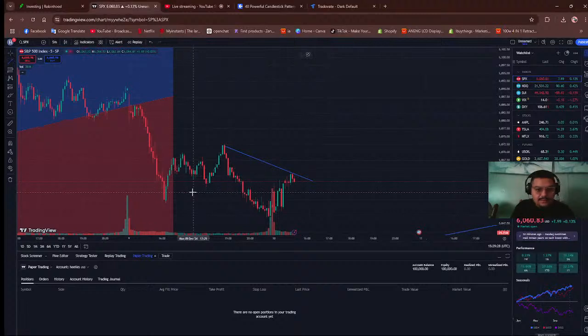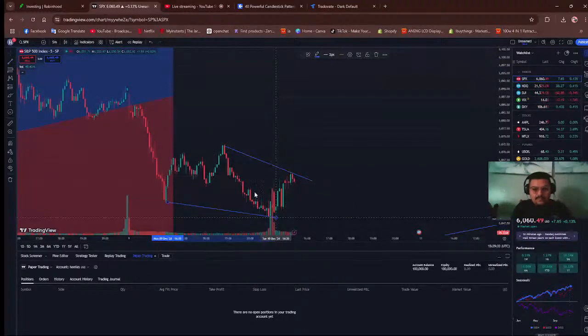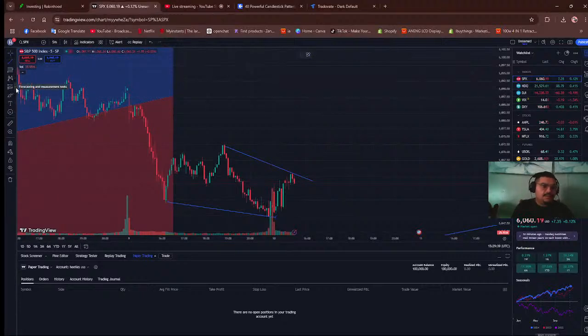Still seeing a downward trend this way. So I'm going to start making some shapes. I don't have any technical analysis or any type of words that the pros use.